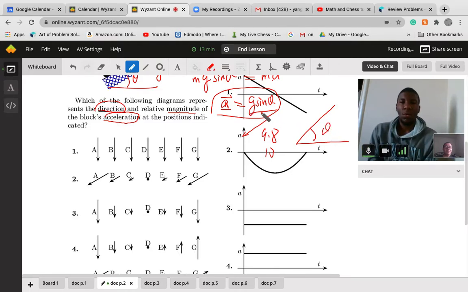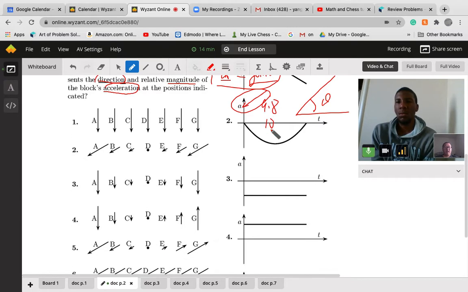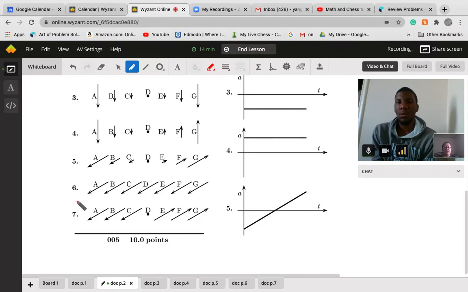So g times sine theta is also a constant and will not change at all. Then the direction is always along the surface of the incline and goes down, so the direction also does not change. So for this one, I think number 6.